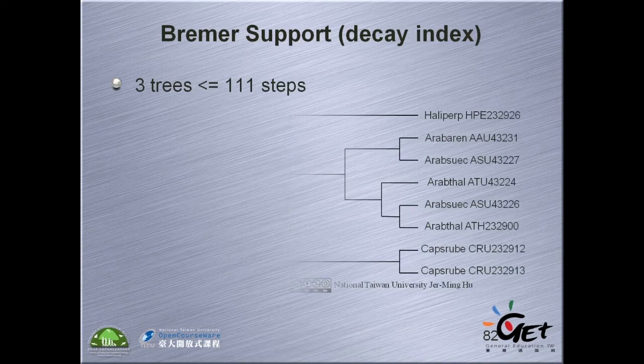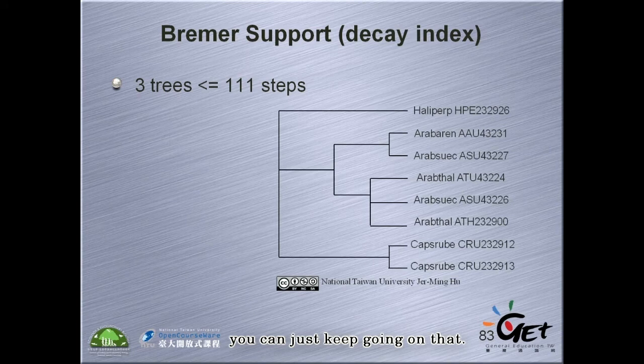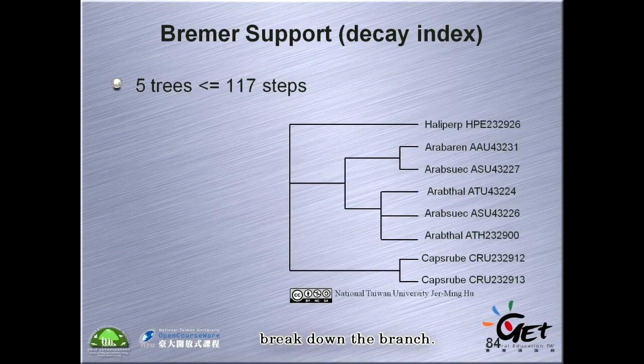And this is the consensus of these 3 trees. So the branch here has a decay index of 1, because with 1 step you can break down the tree. I mean, break down the branch.